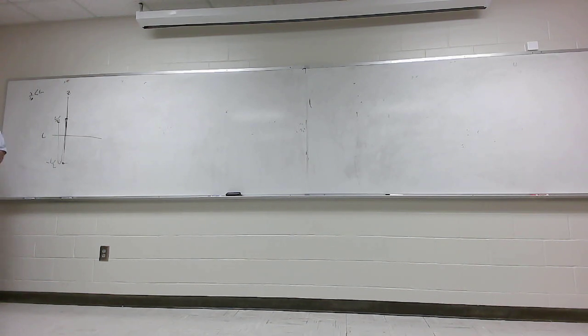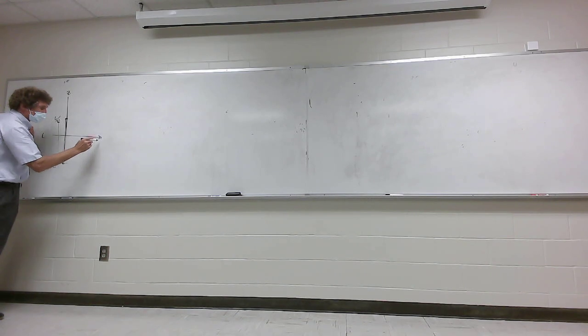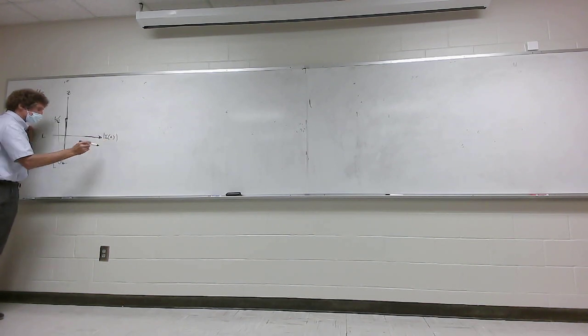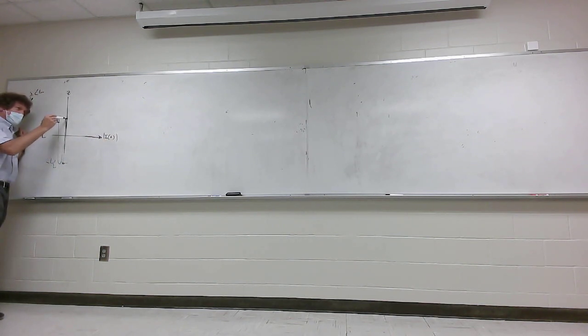So how do you do that? Well, here's the trick. You have to know the current distribution. So if I was to plot on this axis the magnitude of I as a function of Z, you don't know this yet. Current has to go to 0 at the ends of the antenna. If it doesn't, it makes no sense. Just think about Kirchhoff's law.